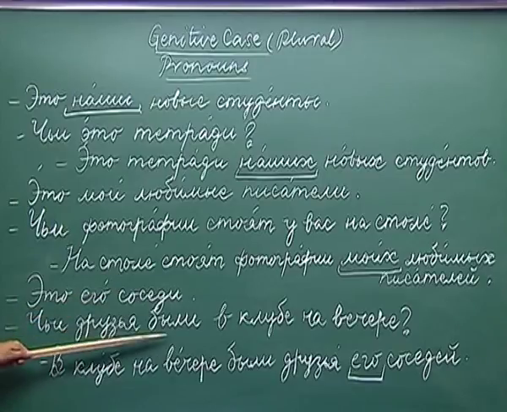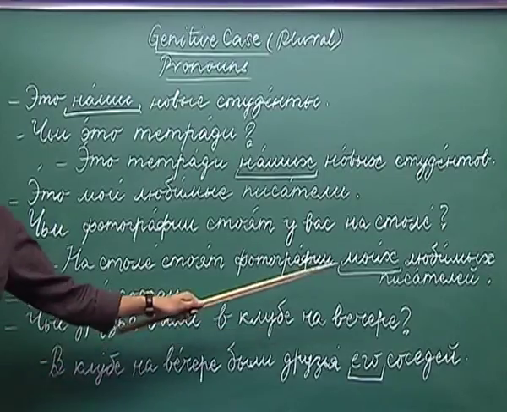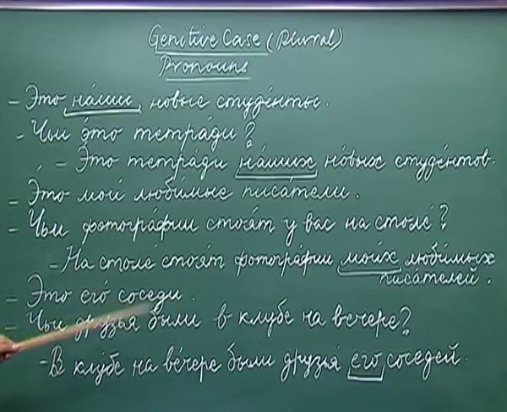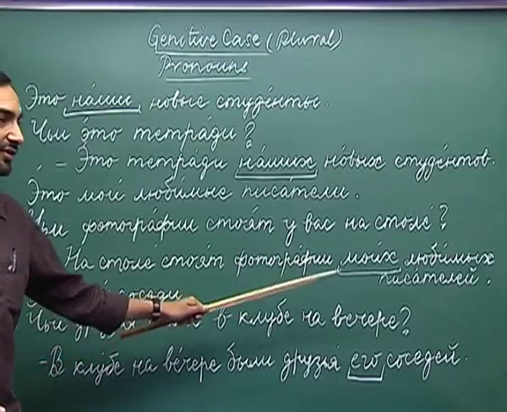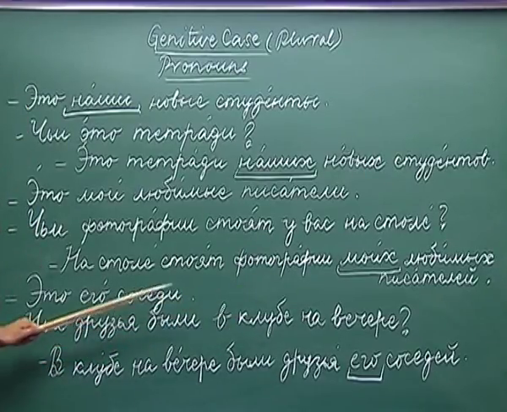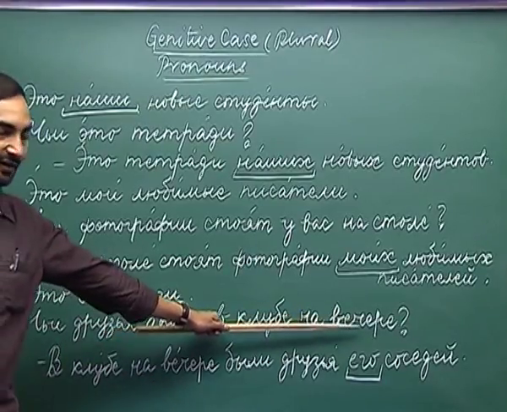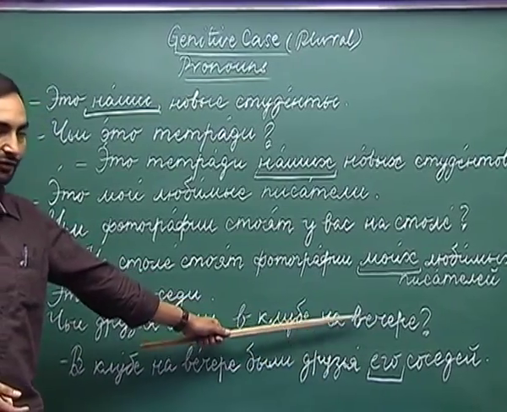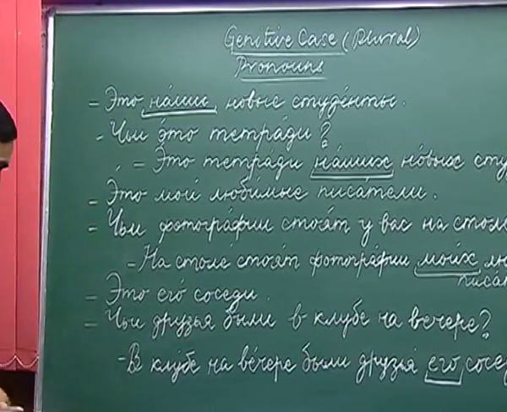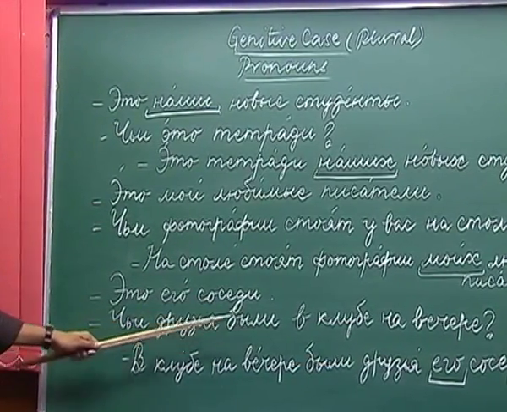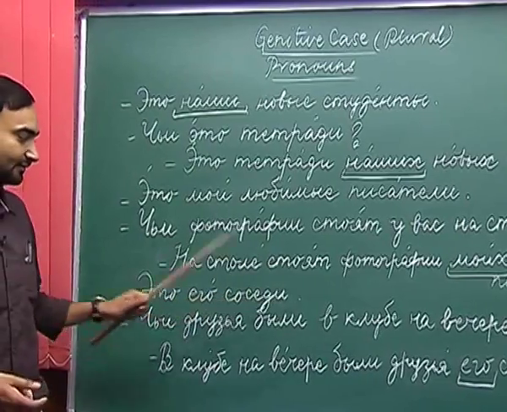Чьи друзья были в клубе на вечере? Whose friends were there in the club at a party? Вечер here is party. Вечер also means evening. And you have to answer this question using его соседи.